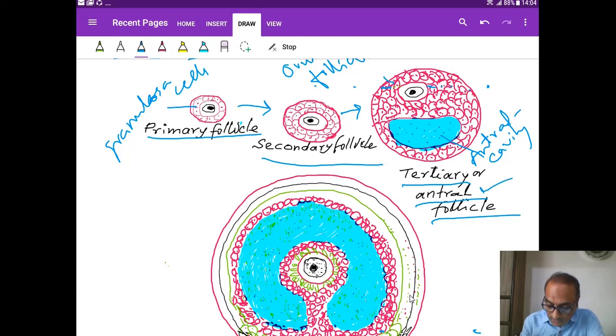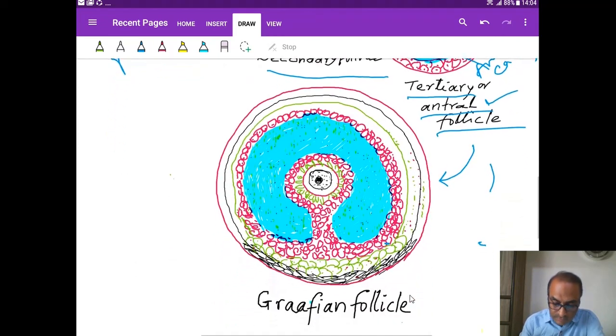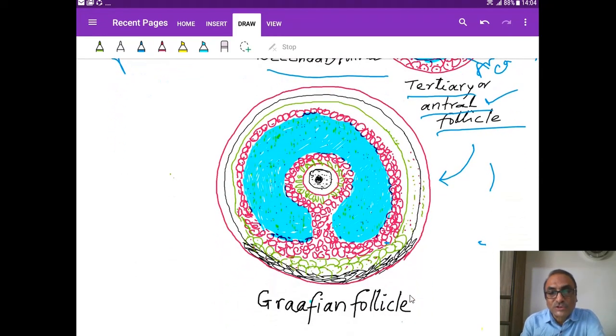Now this antral follicle ultimately develops into the Graafian follicle, the mature follicle. The fully grown ovarian follicle is called the Graafian follicle.